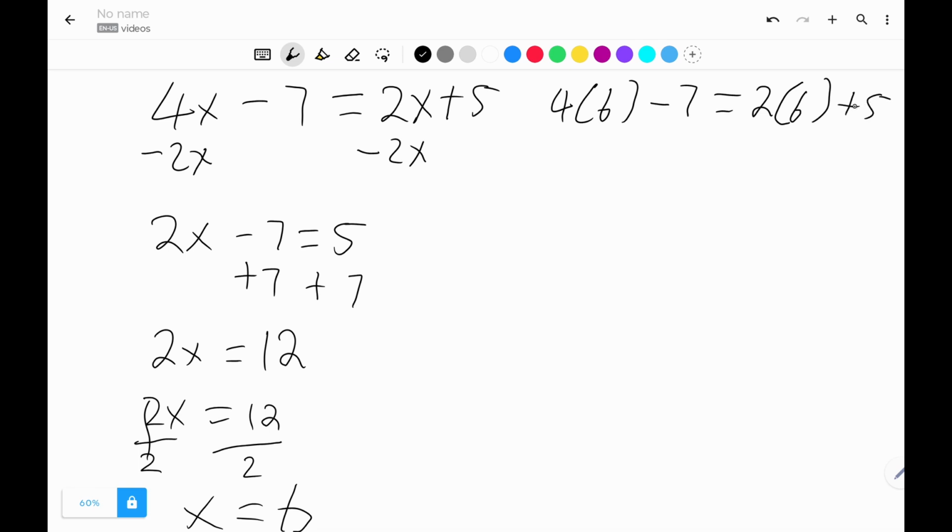So now we have 4 in parentheses 6, so that's 24 minus 7 equals 2 times 6, that'll give you 12 plus 5. So 24 minus 7, that'll give you 17, equals 12 plus 5, that will also give you 17. This shows the answer is correct.